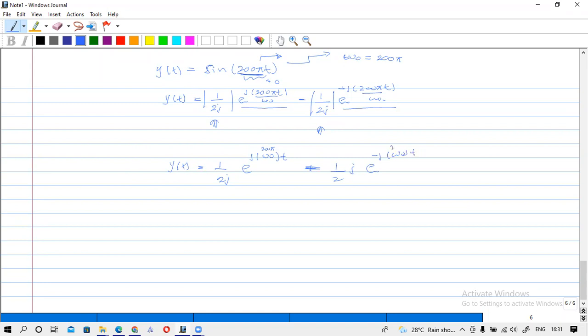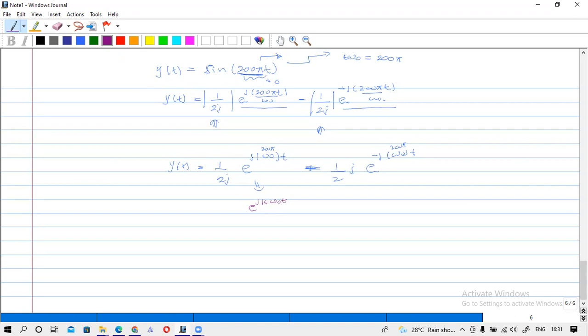Here also omega naught is 205. If you compare with the Fourier coefficients, these terms will be equal to this kind of terms e to the j k omega naught t.